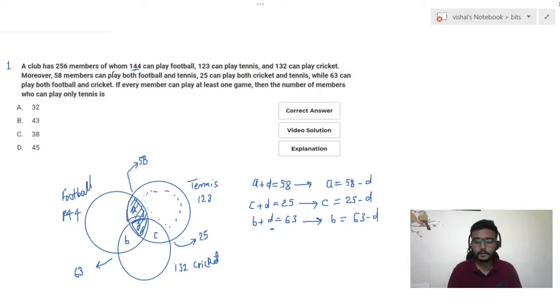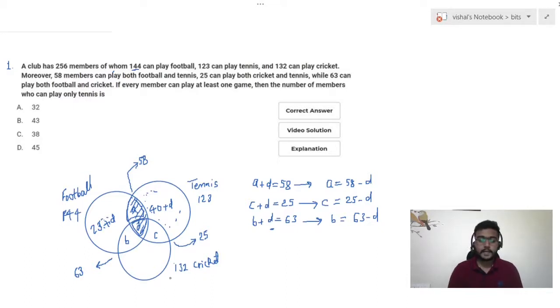The number of members who play only football is 144 minus A minus D minus B, which gives 23 plus D. The same calculation for the number of players who play only tennis is 123 minus A minus D minus C, which comes out to be 40 plus D. Got it?